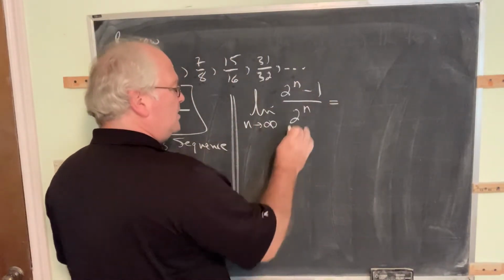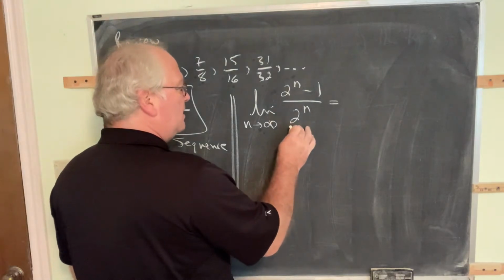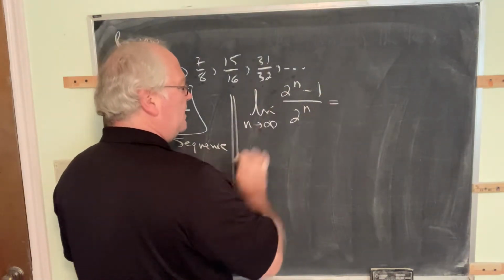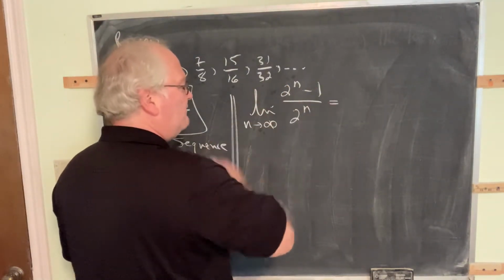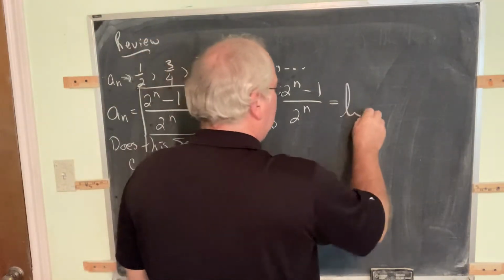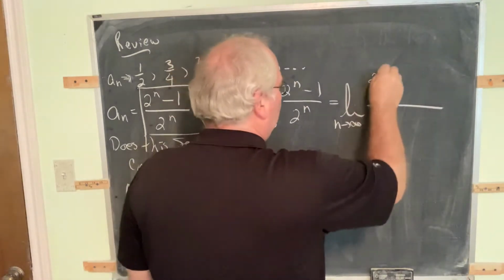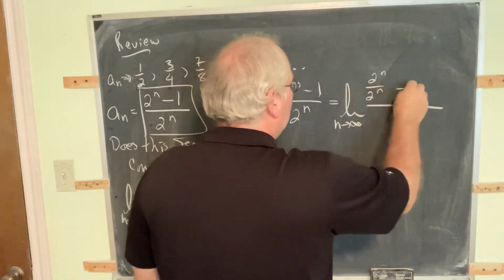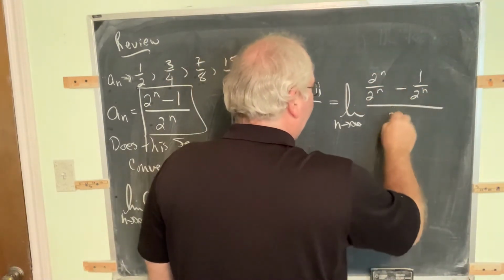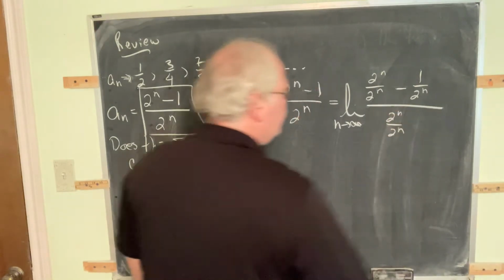You divide through by the dominant term in the denominator. So I'm going to take every term in the numerator and denominator and divide by 2 to the n. This is not the only way to work this, but I'm going to work it this way. So everybody gets divided by 2 to the n.